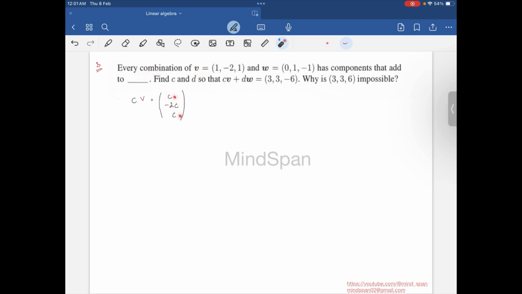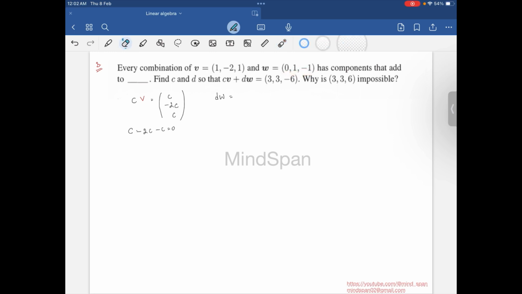Even if you take the combination of this v, this will add up to 0, right? c plus c, 2c, and minus 2c, that will be 0, right? So if you add the components of every combination of v, then you will end up with 0, right? And for w, if you take maybe dw, and if you add, what you will get is 0, right?